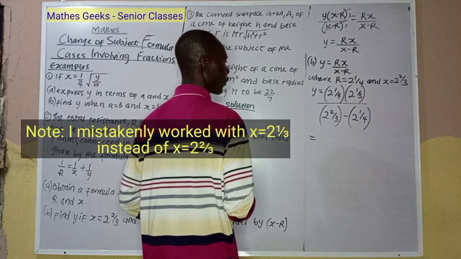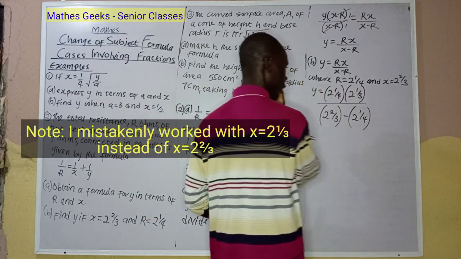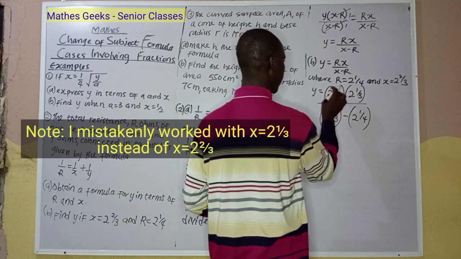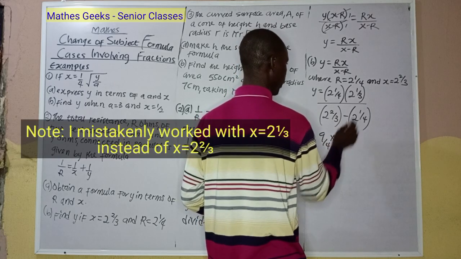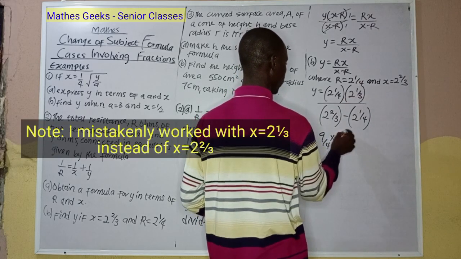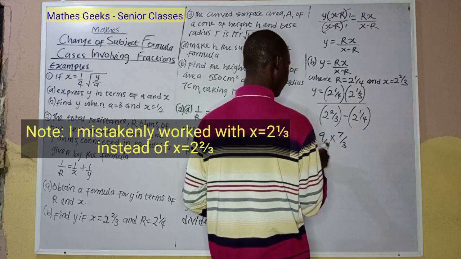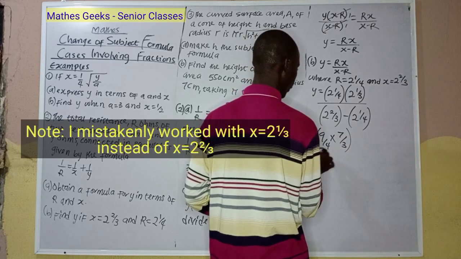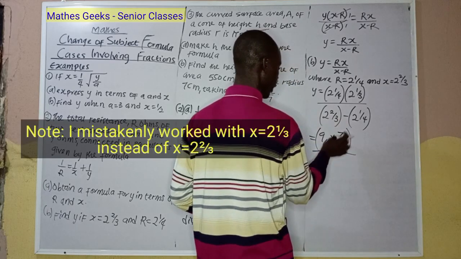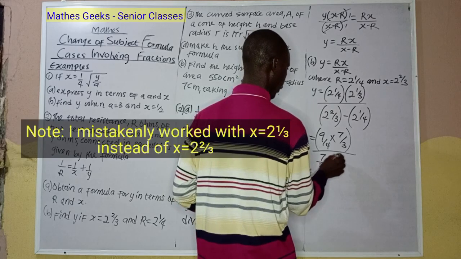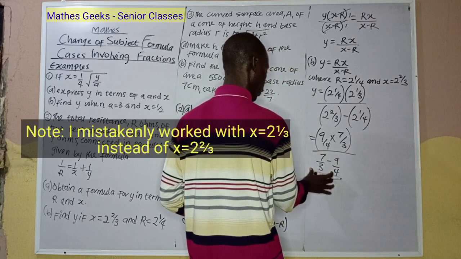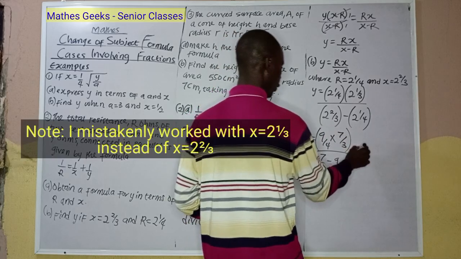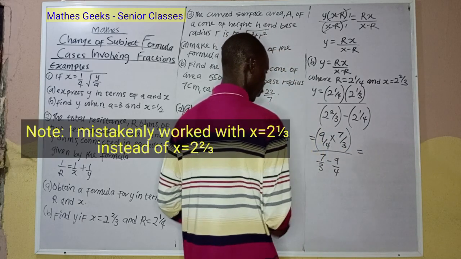So I'm going to start with converting them to improper fractions. 4 times 2 is 8, 8 plus 1, 9 over 4. 3 times 2, 6 plus 1, 7 over 3. So this is the numerator, and then here is 7 over 3 minus 9 over 4, and this is subtracting fractions.